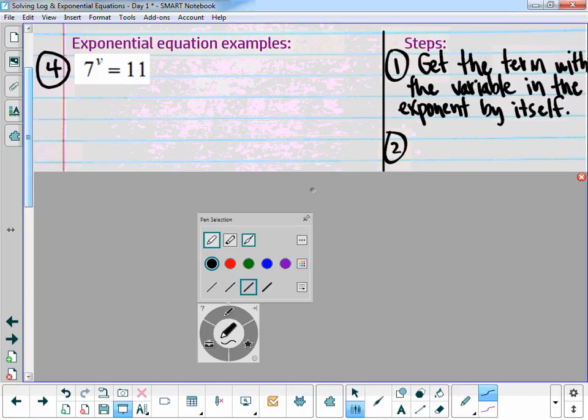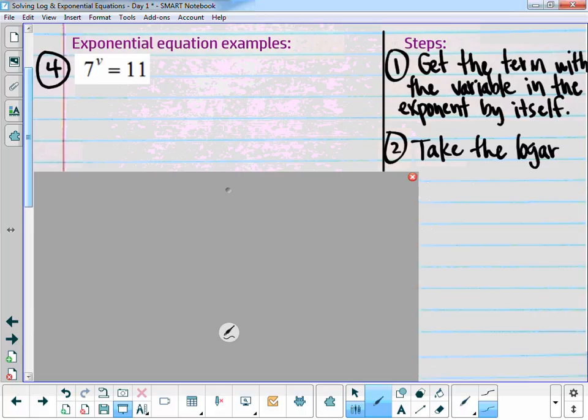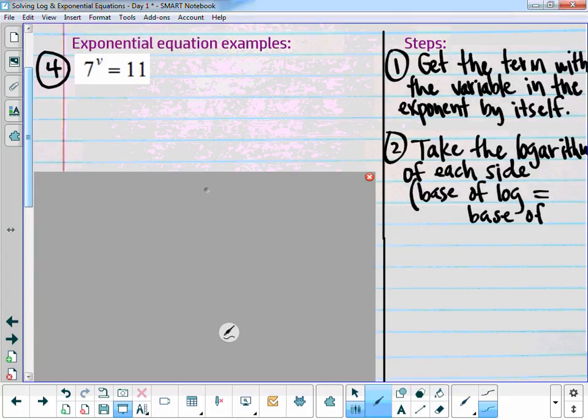So step 2 is we want to take the logarithm of each side, and we want the base of the log to equal the base of our number. The base of the logarithm needs to match the base of the number that has our variable.